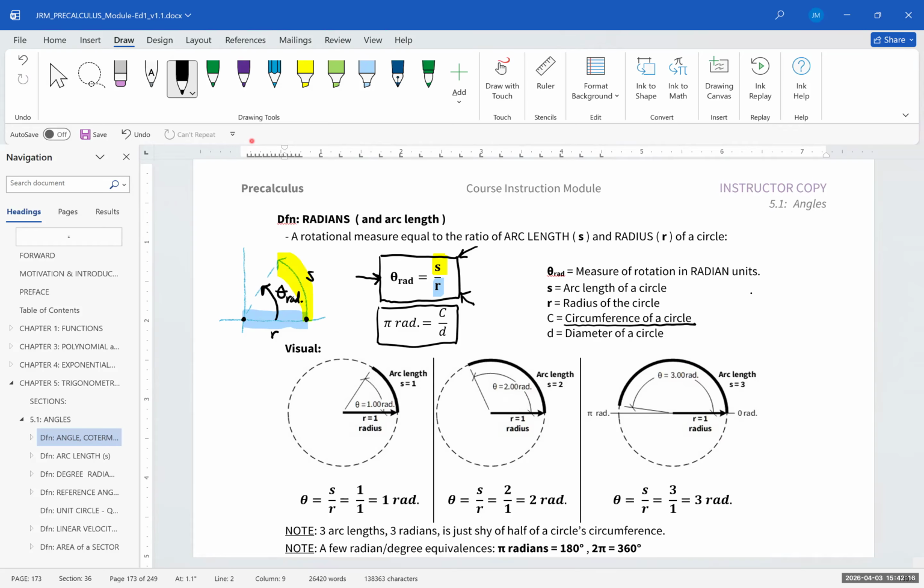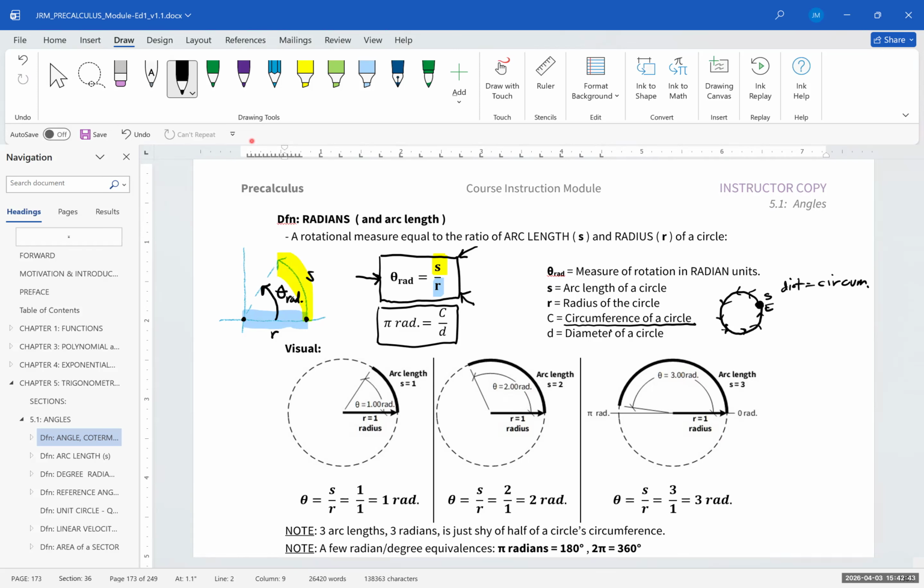If we take a circle, its circumference is the distance all the way around it. So if we start here and we measure the distance as we go around the circle, and we end up here where we started, that distance around it is called the circumference.